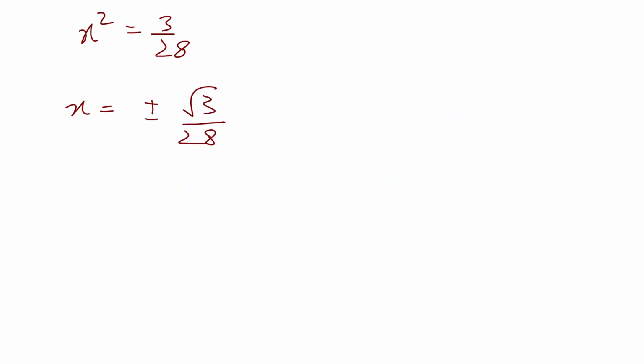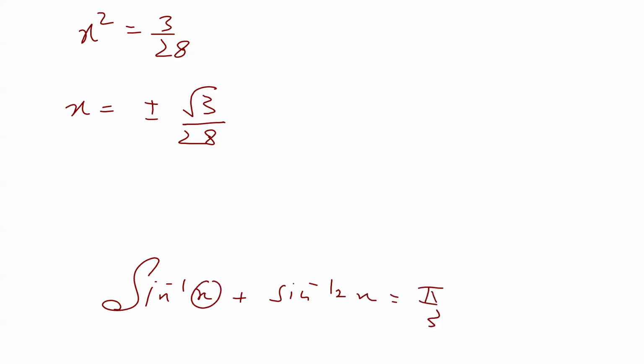Now we'll analyze this. See, now the main question is sine inverse x plus sine inverse of 2x is equal to pi by 3. Now if x is positive, sine inverse of any positive value is positive in both the cases. So we'll get a positive angle. But if we put a negative value, minus root 3 by 28, sine inverse of a negative value will give you a negative sine inverse.